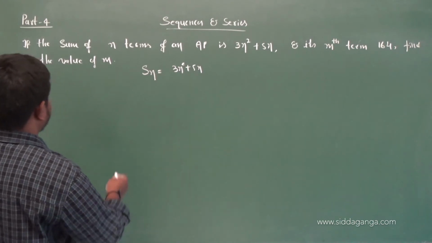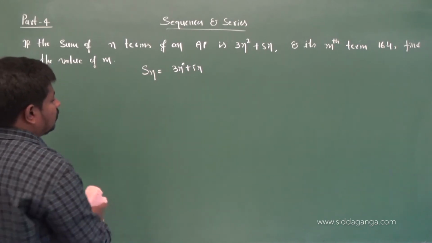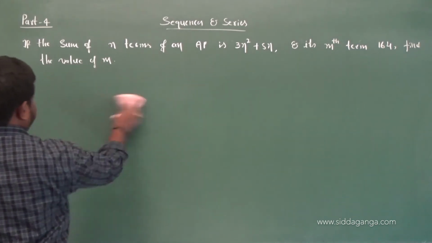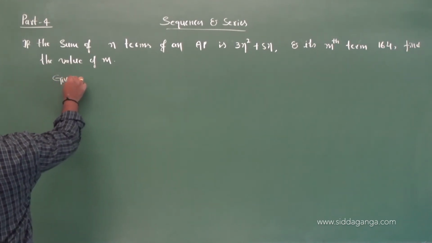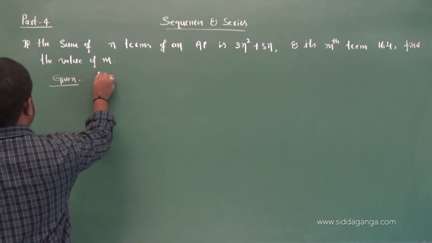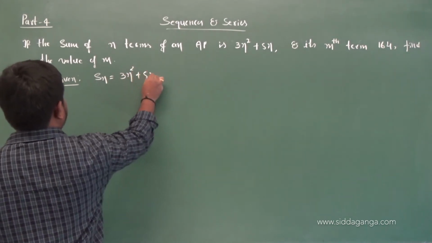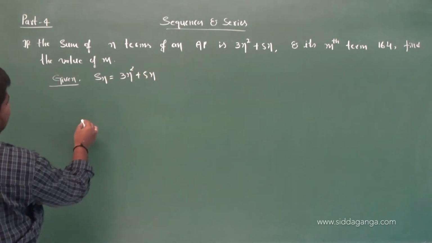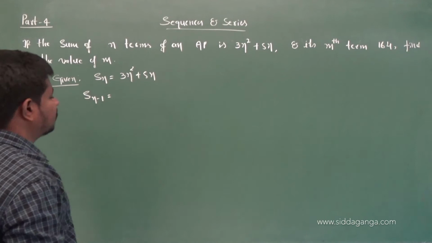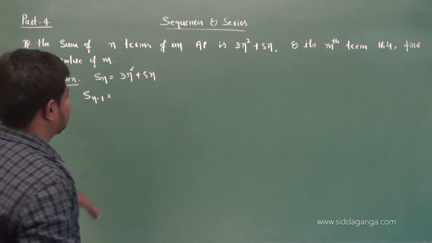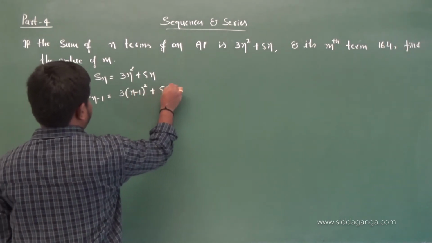Now let me find, this is given: Sn is equal to 3n square plus 5n. Let me replace n by n minus 1. What is the need of writing n minus 1? Because Sn minus S(n minus 1) is equal to an, the nth term. So, for that, 3 into n minus 1 square plus 5 into n minus 1.